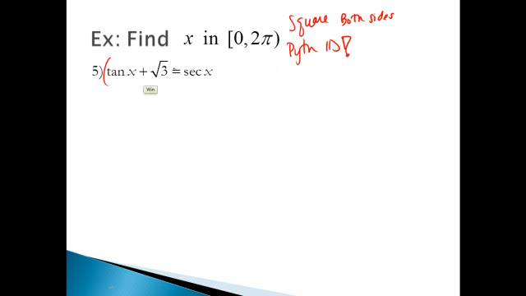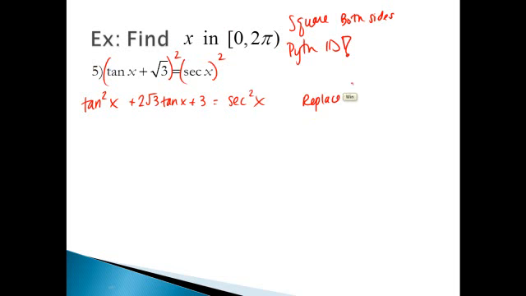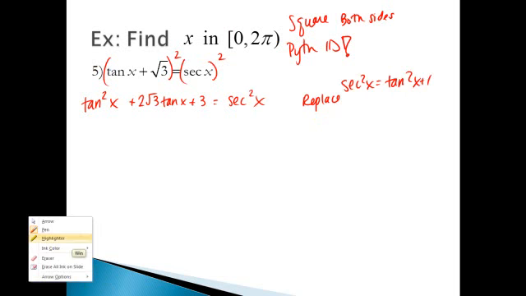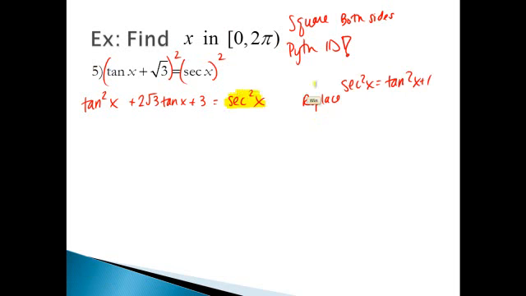So we're going to square both sides, and remember, you have to FOIL. So on the left, we apply our squaring pattern: squaring the first term, double the product, squaring the last term, and then equals secant squared x. And now we're going to replace secant squared x with tangent squared x plus 1. So we're going to take this one and sub it in with this one.